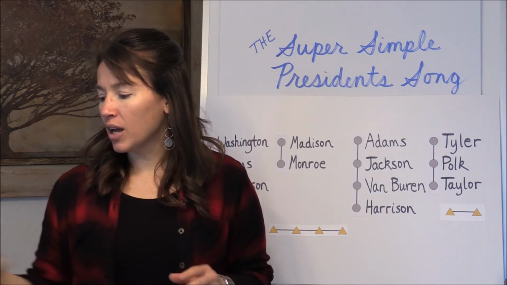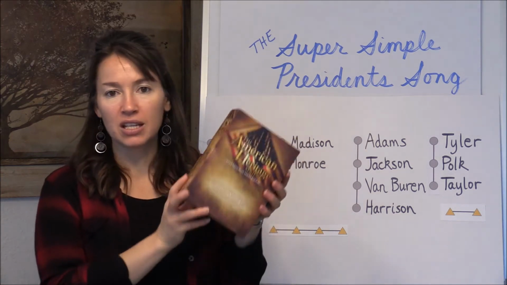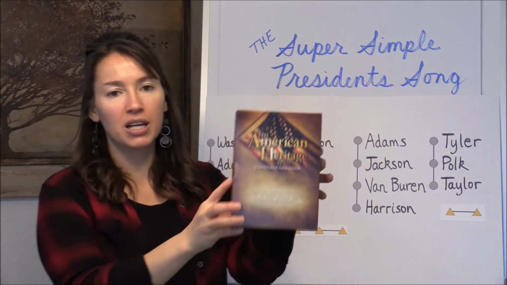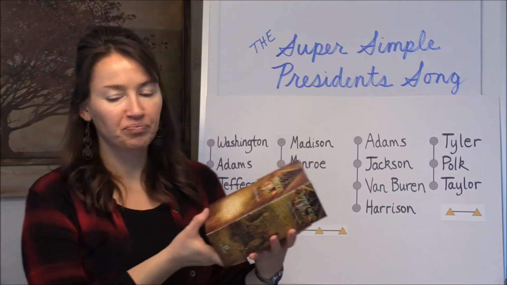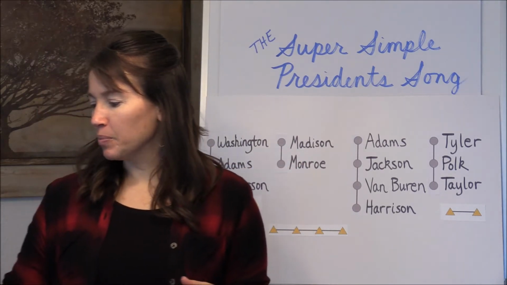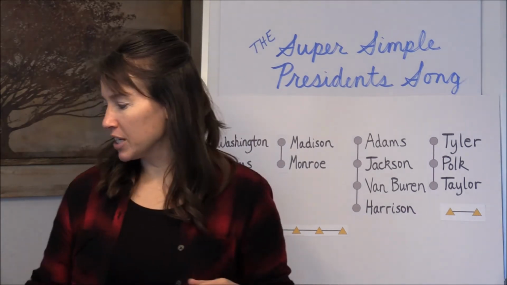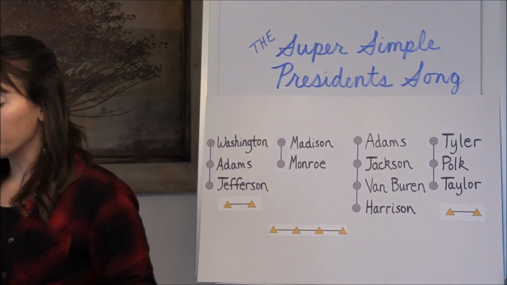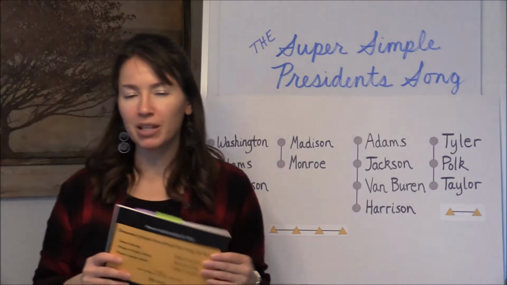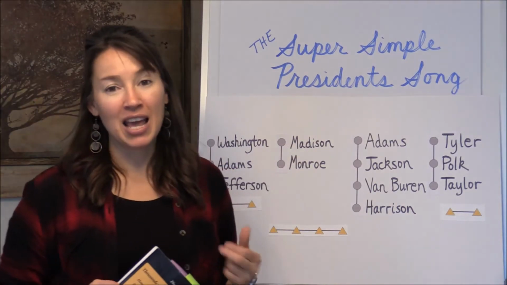So this is another one from Wall Builders. I believe it's available on Amazon Prime as well, the American Heritage series. And Building on the American Heritage series. So those are some great resources. And then in terms of books, this is another book, I believe beginning in 8th grade or so.